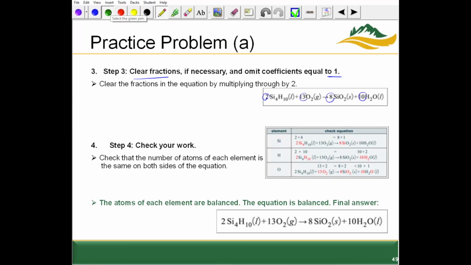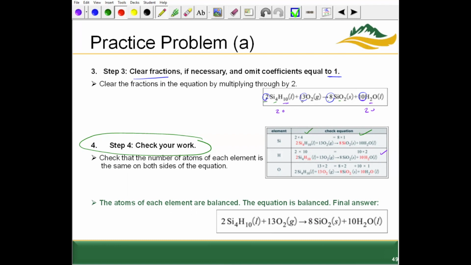We're not quite done because this important step should be part of how we approach this kind of problem. We need to check our work. So for silicon, we have 2 times 4, that's 8. Silicon over here, we just have 1 times 8, so that's 8. Hydrogen, we have 2 times 10, that's 20. Hydrogen over here, we have 10 times 2, that's 20.